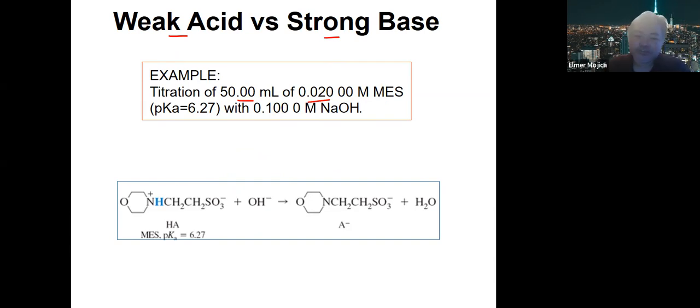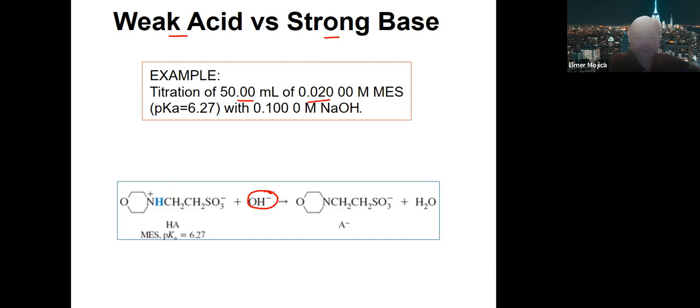If you look at the reaction, it will be driven forward because of the presence of the hydroxide, even though this one is a weak acid. The strong base is strong enough to make the reaction occur.